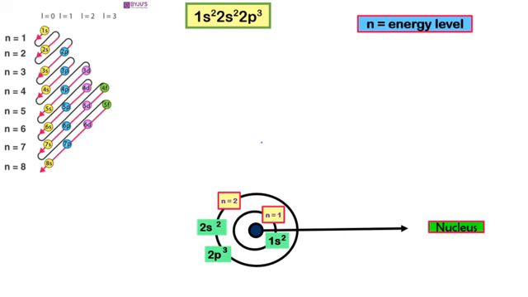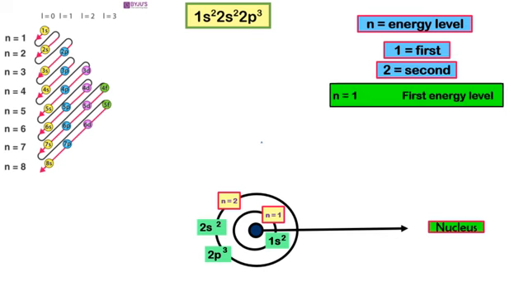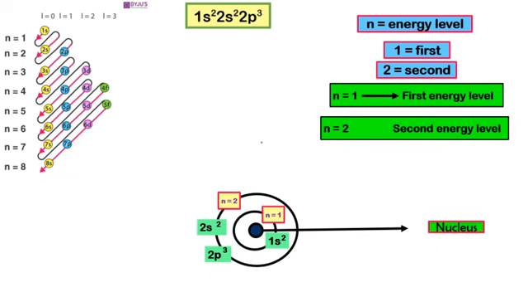Reminder that n equals energy level, and the number itself refers to whether it is the first, second, or third energy level. So this is just a clarification and a reminder. Here, the 1s2 has 2 electrons because of the exponent 2, and it is located in the first energy level, n equals 1.